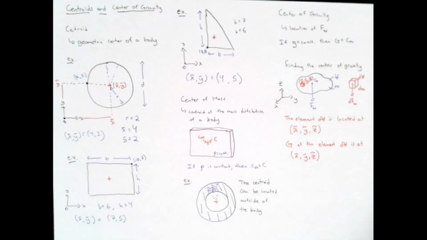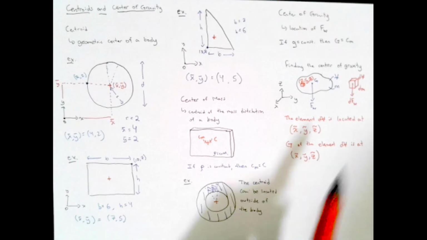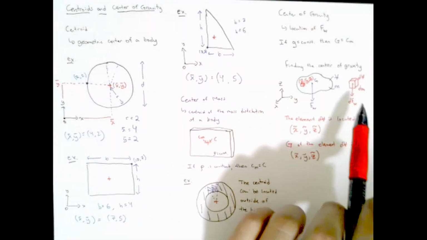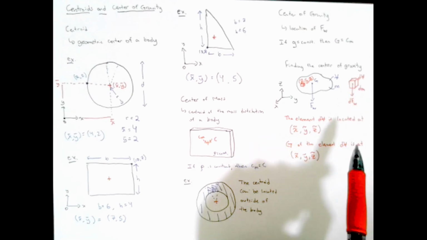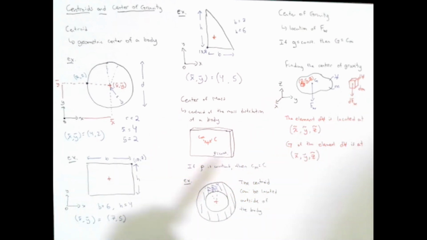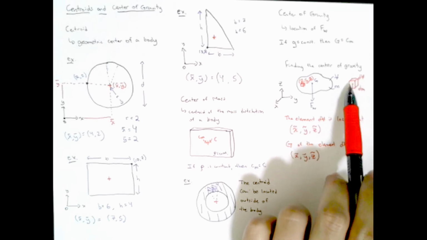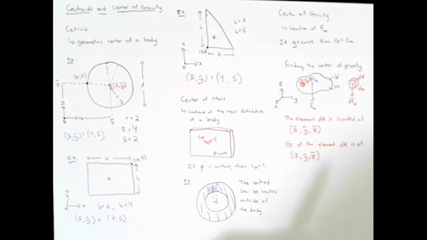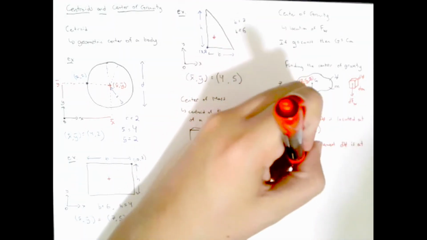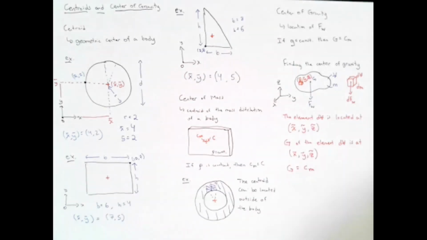That's what we know. Now, because it's so tiny, we can assume that the gravitational field through this tiny element remains constant. Because if there were any variations in gravity, this element is so small that there cannot be any variations through the element. So that means that for this element, my center of gravity and my center of mass are located in the same place. What else?